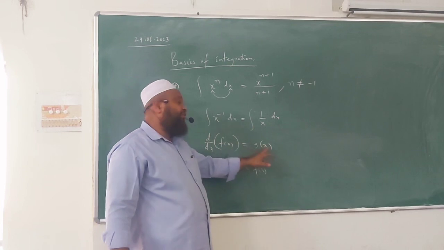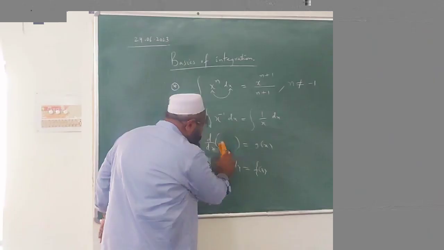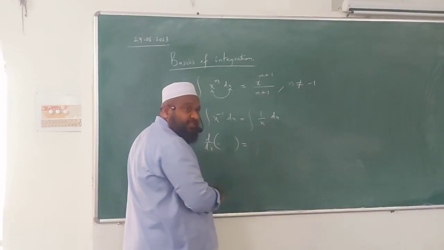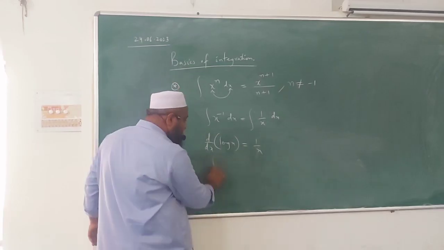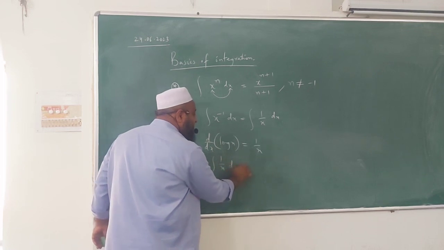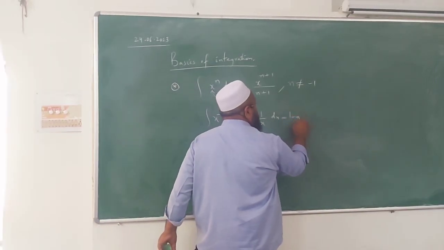You know very well the derivative of log x is 1 by x, right? So what is the integral of 1 by x? That is equal to log x. So integral 1 by x dx is equal to log x.